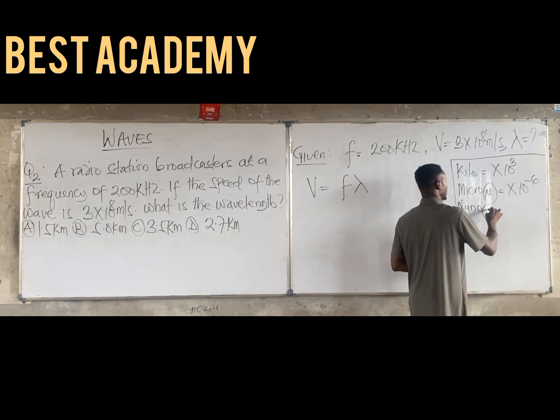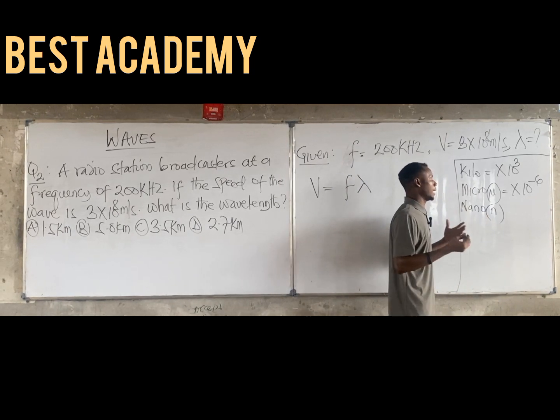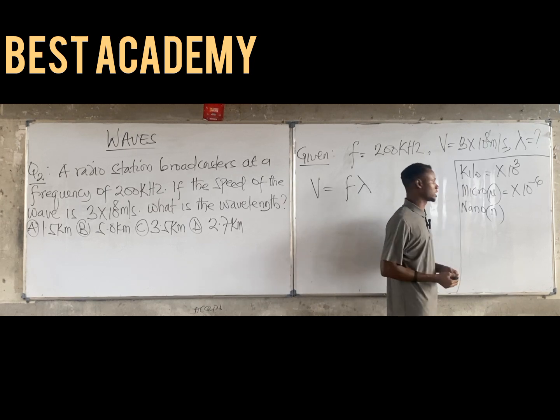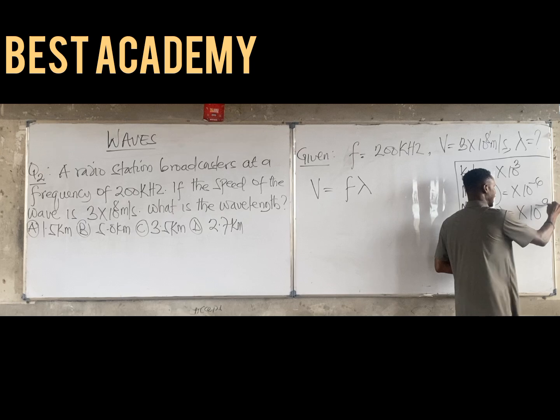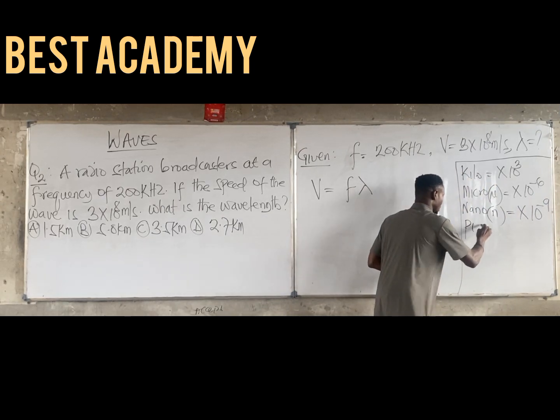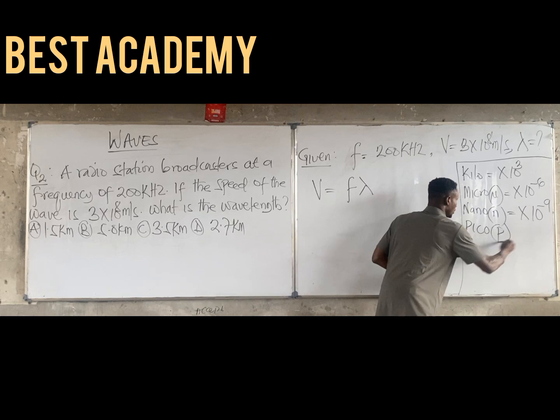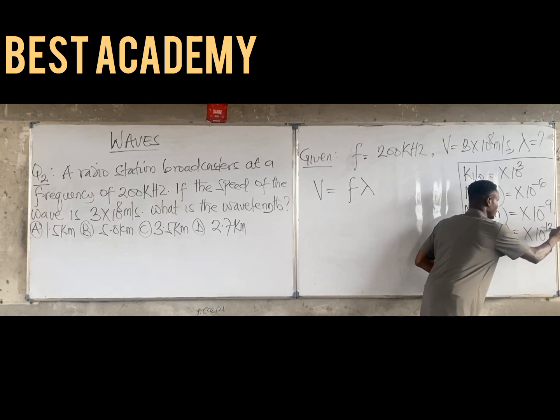Most of the prefixes that end with O, apart from kilo, are mostly negative. Nano is times 10 to the power of minus 9. We have pico, in case they give you pico. Pico is times 10 to the power of minus 12. Please take note.